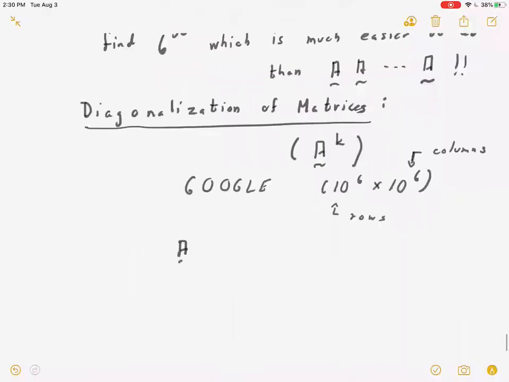So the moral of the story is that matrix diagonalization allows you to take matrix vector multiplication, where A is some huge matrix, V is a vector, and just replace it by a simple scalar, the eigenvalue.